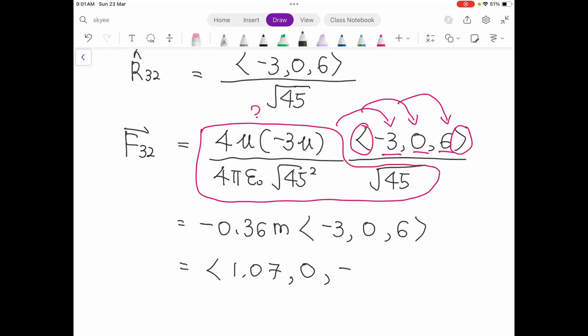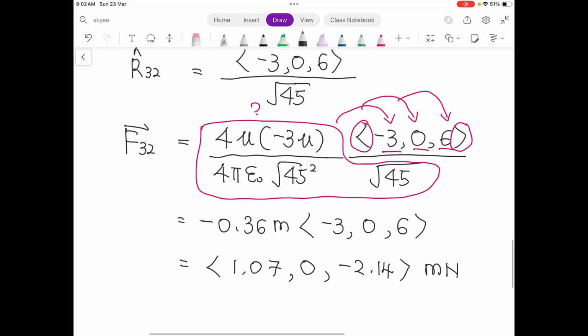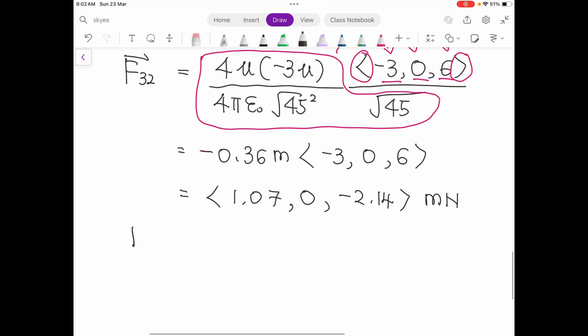And for this one, you get -2.14 millinewtons. So this is the F32. Now you want to find the force acting on the charge Q2. It will be F12 added together with the F32.